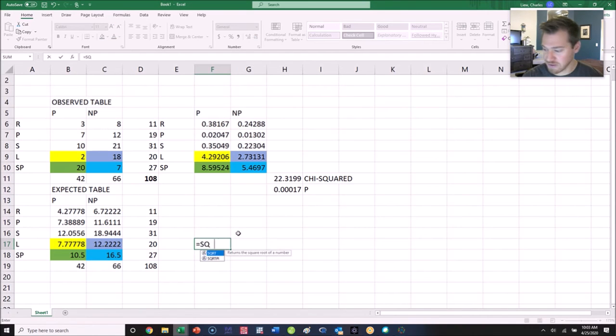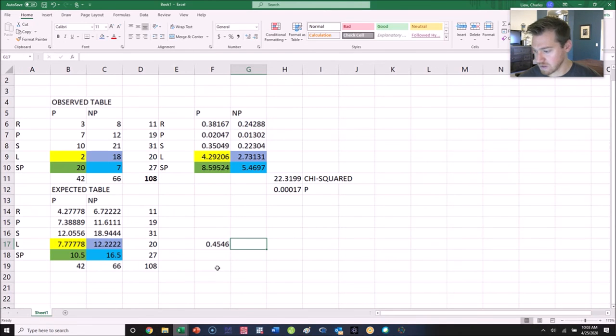So if we do square root of chi-square over n, this would be our phi Cramer's V. And so that's a pretty strong relationship overall, right? And notice it's going to be between 0 or 1. If it's not, you did something wrong.